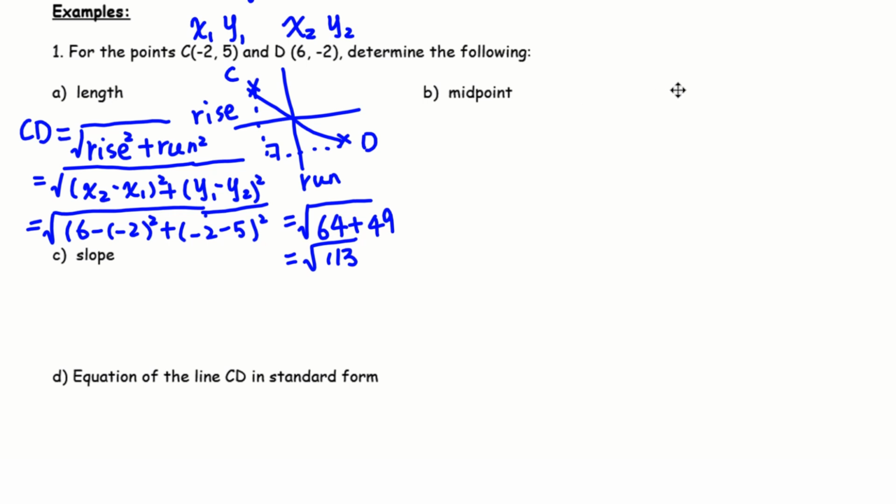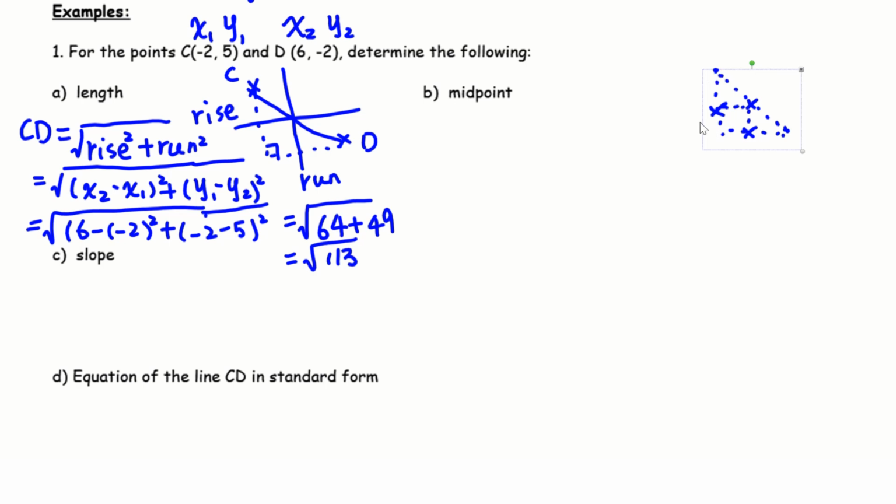So the midpoint, we are looking for the xy coordinate of the midpoint of C and D, the middle of it. Then it will be half of the x and half of the y added together.